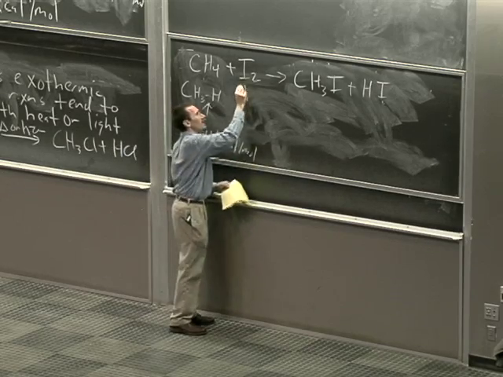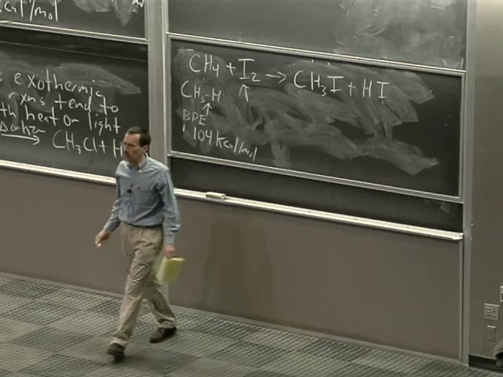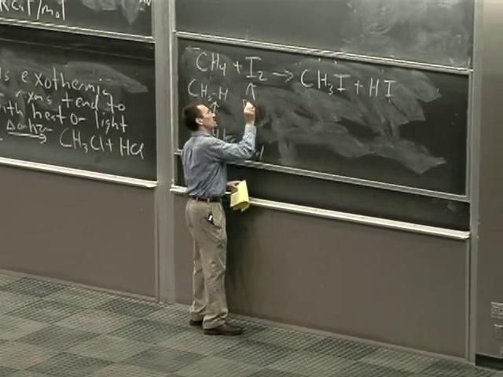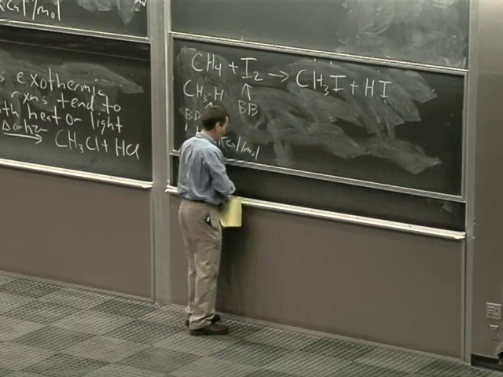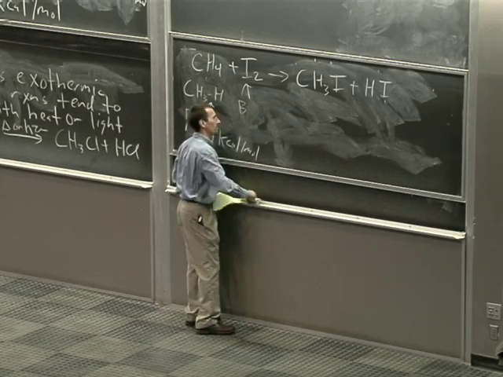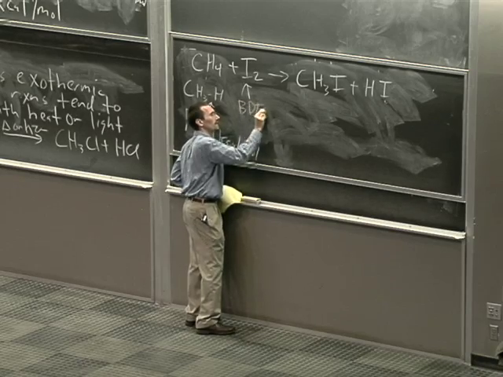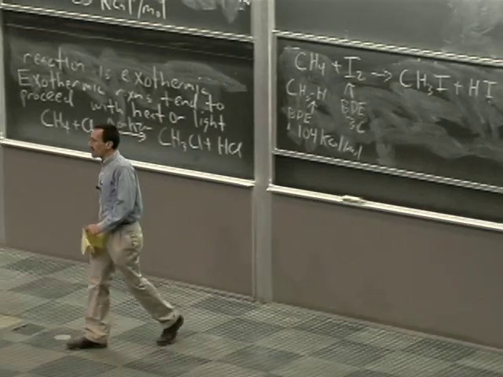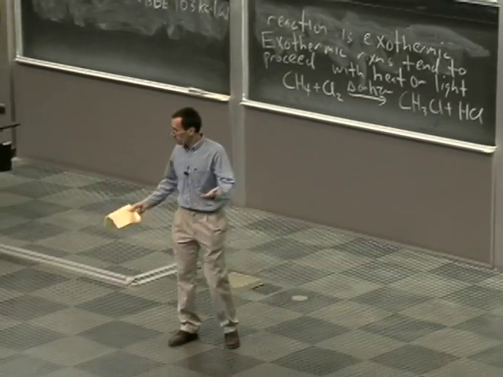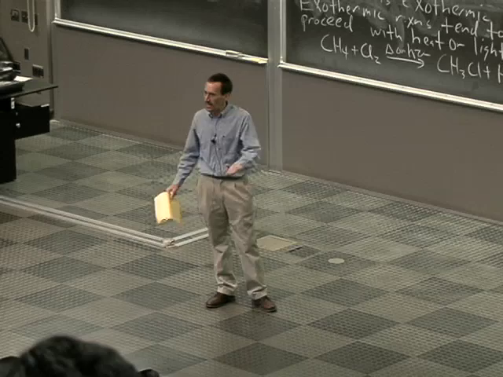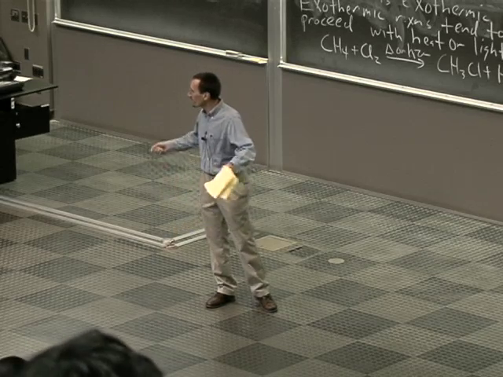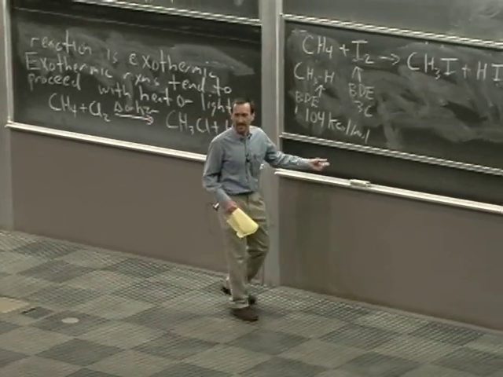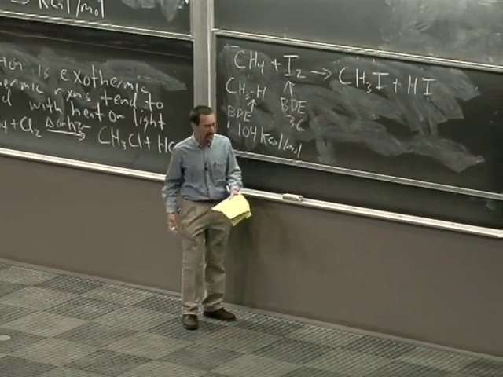If you look in your table on page 207, the iodine bond is really weak. Its bond dissociation enthalpy is 36 kilocalories per mole. If you're watching your wallet, you know that having to pay less is good, right? I'd rather get a textbook for $36 than for $58. So you say you're well on your way to having an exothermic reaction here.